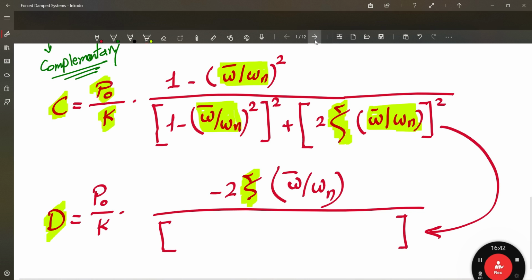As we said before, it has something to do with omega n: omega d equals omega n times the square root of 1 minus psi squared.